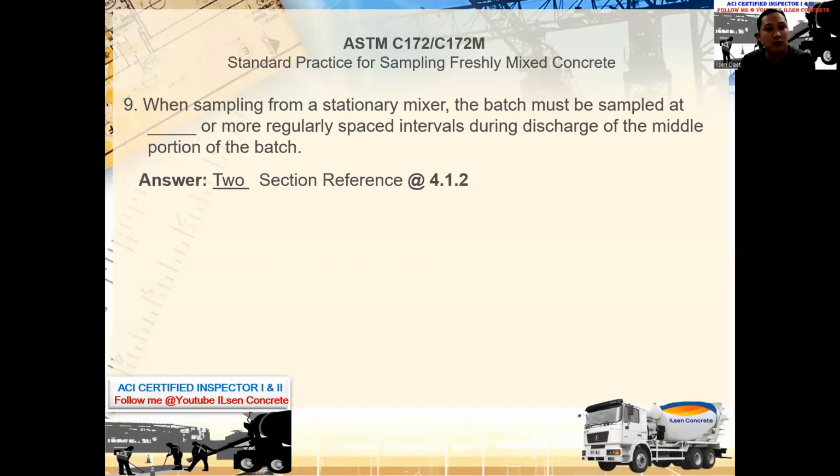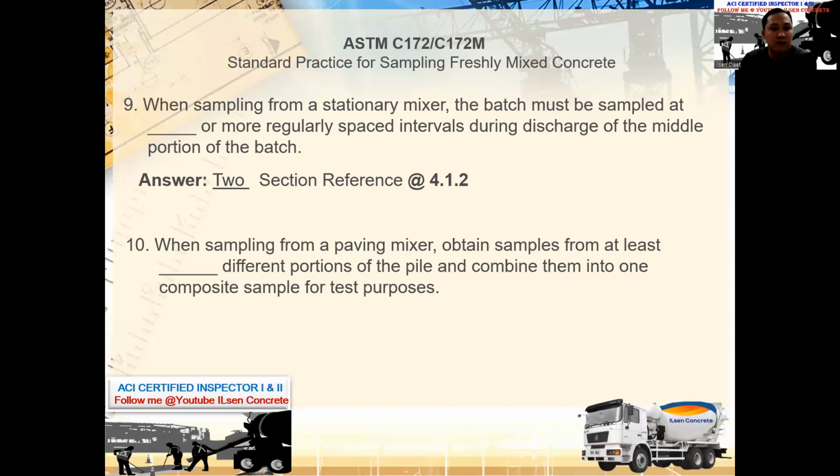The answer is 2. When sampling from the stationary mixer, the batch must be sampled at 2 or more regularly spaced intervals during discharge of the middle portion. The question is asking for the stationary mixer, that's why 2 or more. You can find the answer at 4.1.2.